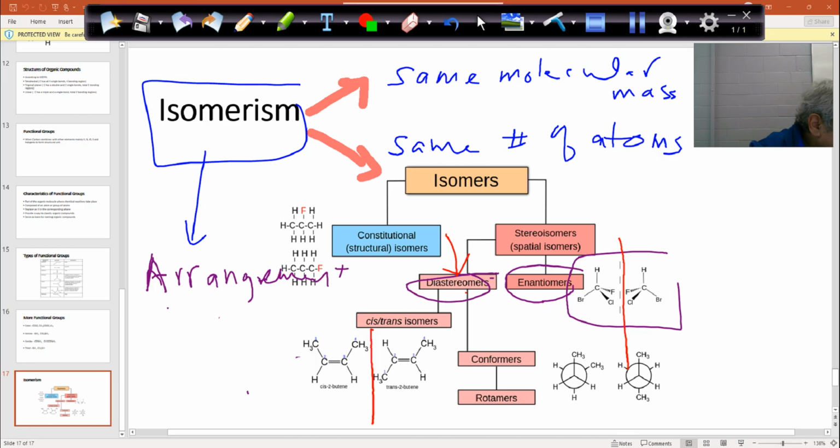We call these two together stereoisomers. So out of them we have two types, especially if you have a double bond. Mirror image is specific to single bonds, by the way, whenever you have single bonds, correct?